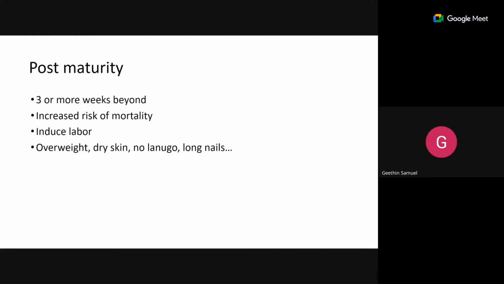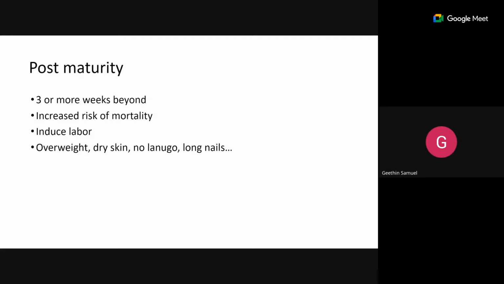Because of the secretions that will get dried up and the skin will be dry, the passage of the baby through the birth canal will become difficult.